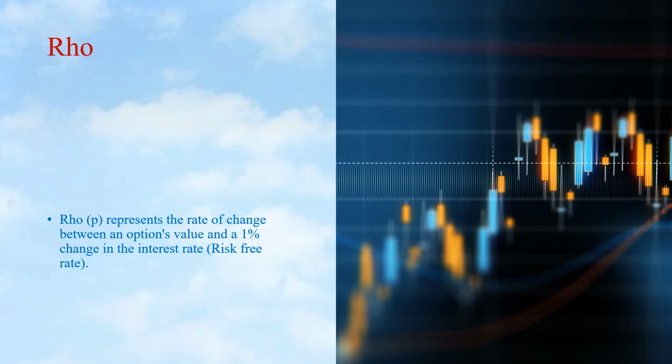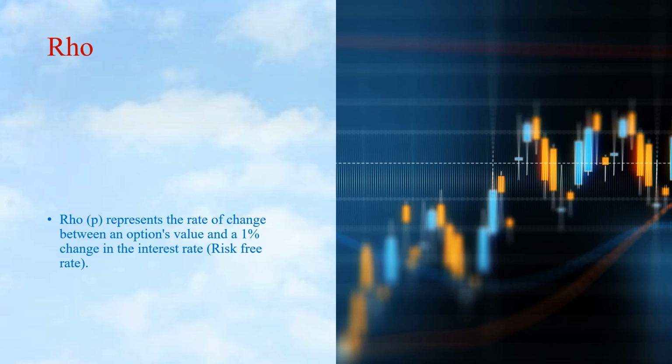Then this is called rho. It will represent the change in the option value with regard to the risk-free return. That is usually the cost of capital. Rho refers to the risk-free return, how it will affect your derivatives. How the risk-free return will influence the option pricing.